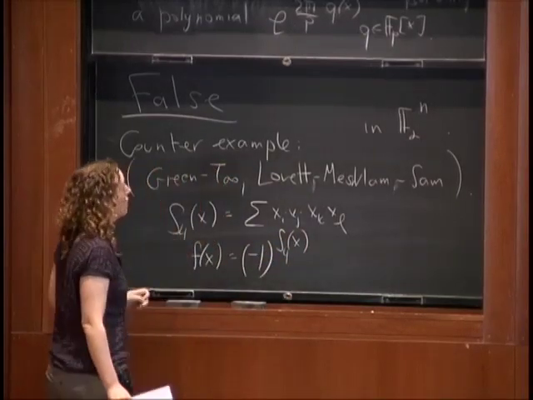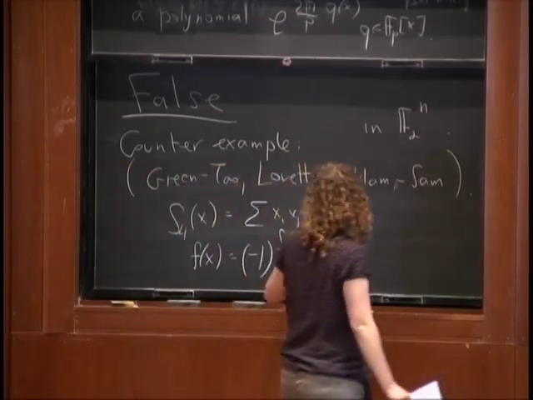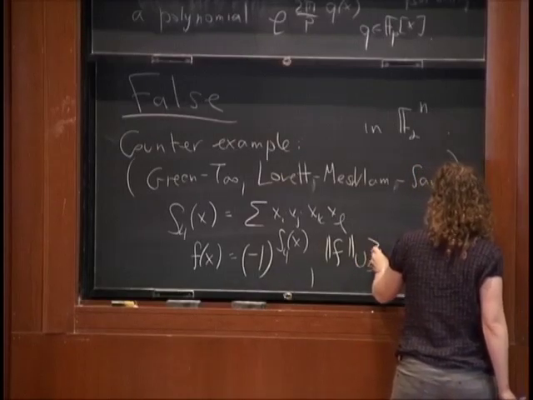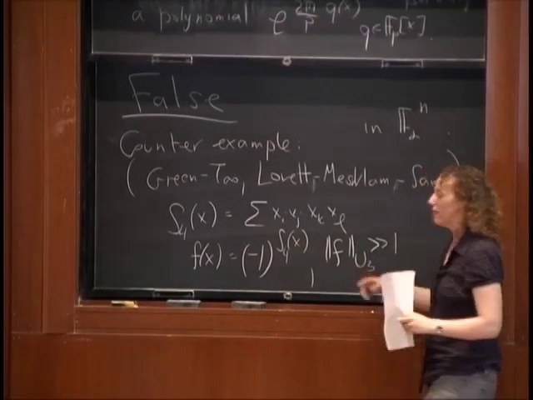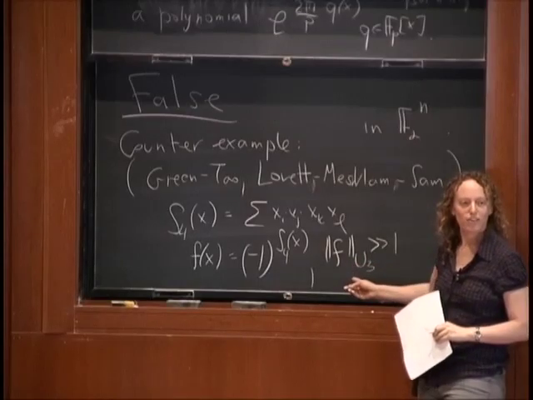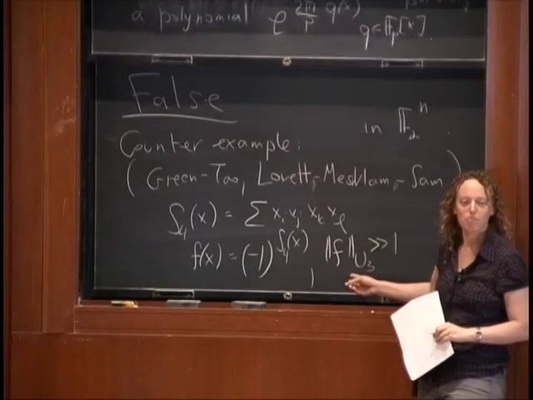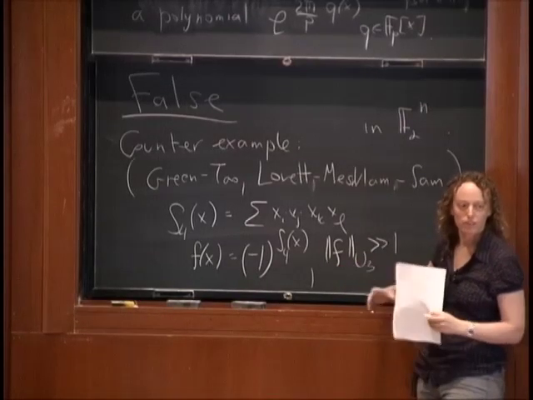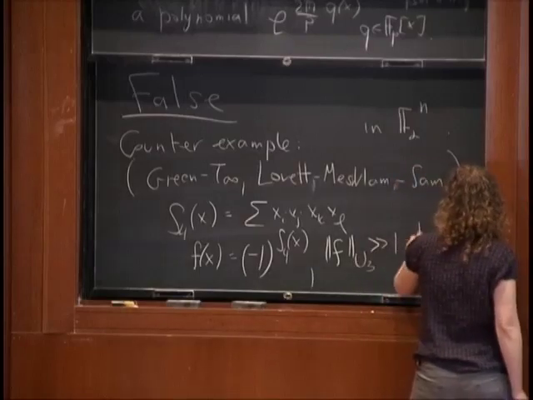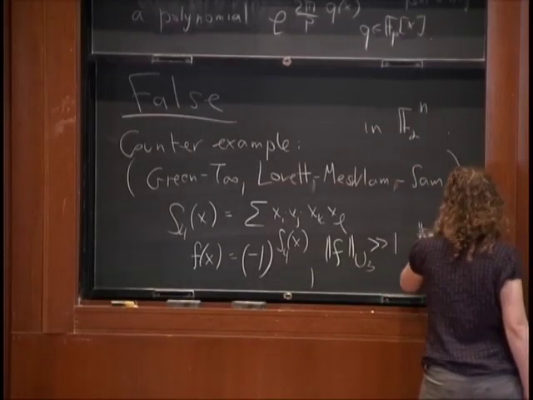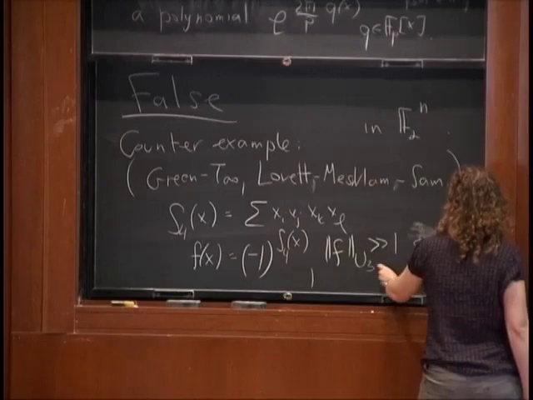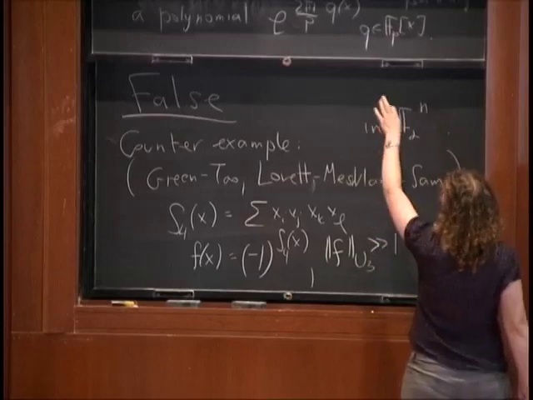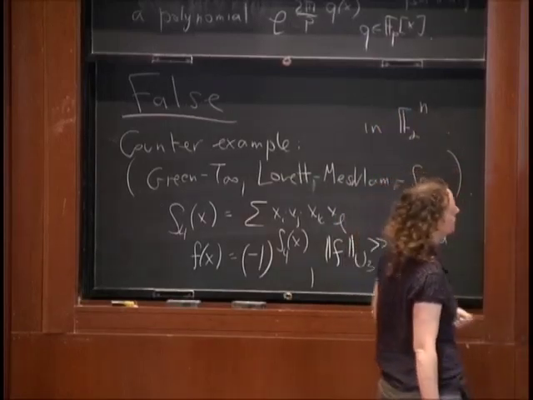And it turns out that while this function has large U3 norm, bounded away from 0, it doesn't correlate with any polynomial of this form.